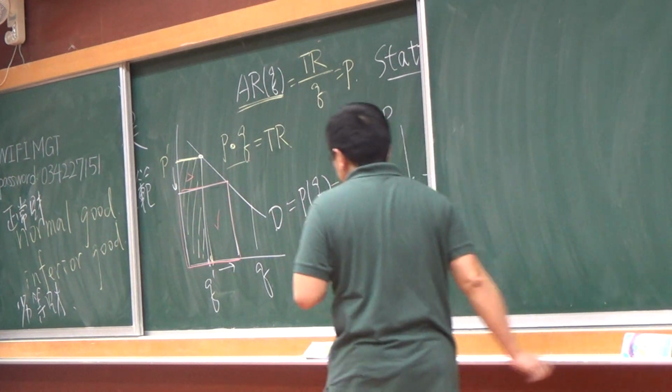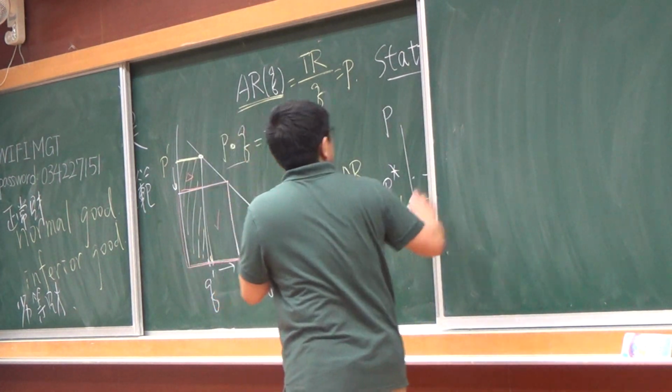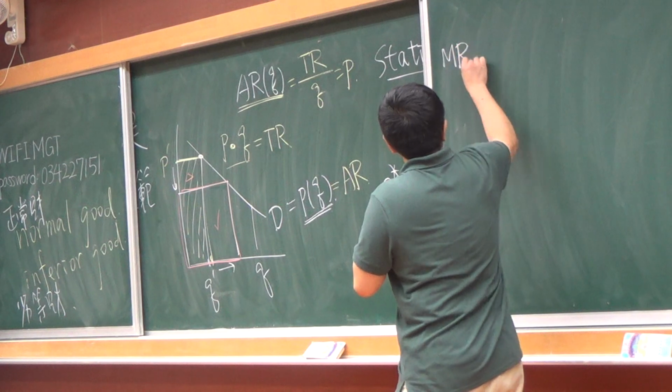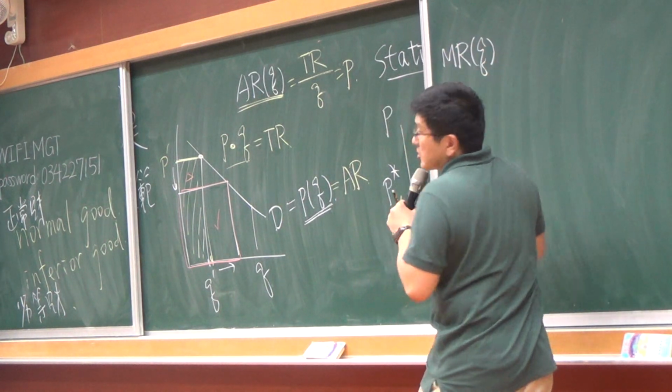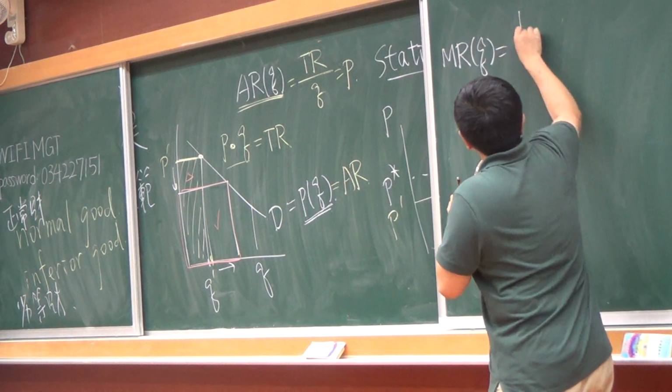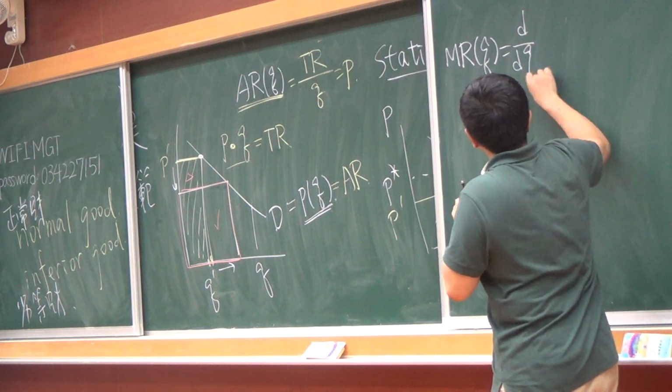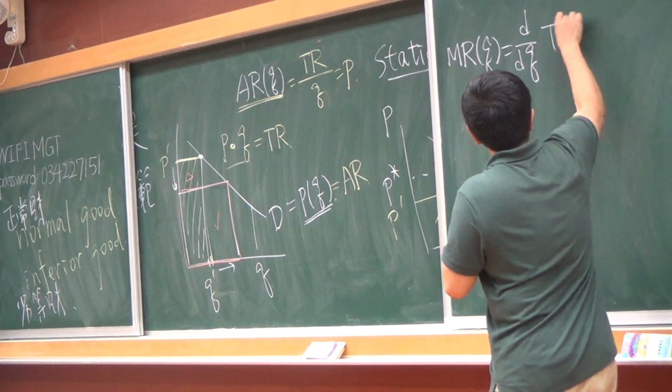So we define the marginal revenue as a function of Q. It's the differentiation of total revenue.